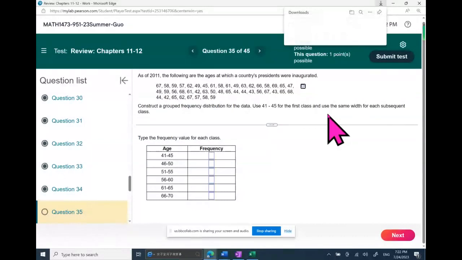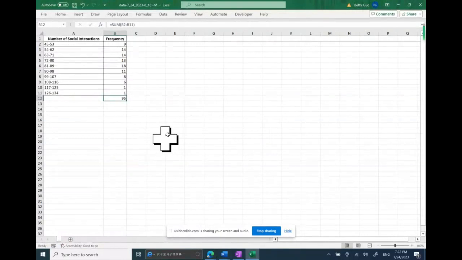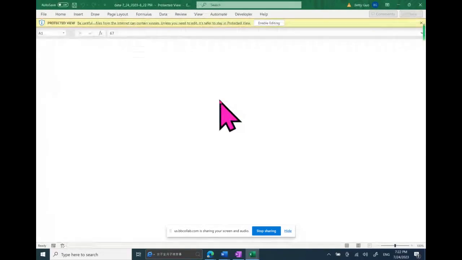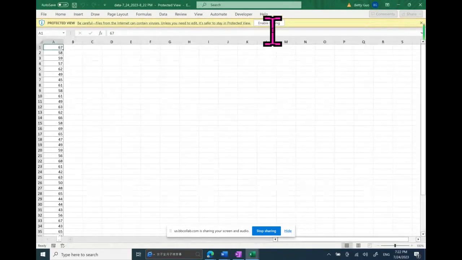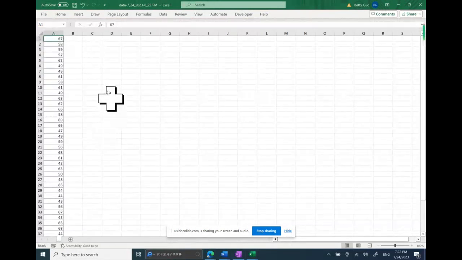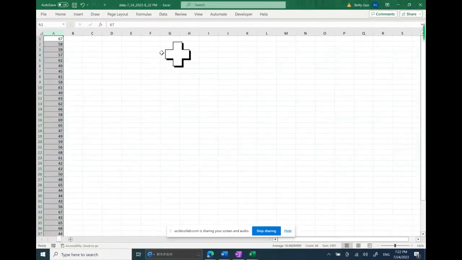When you open a file, you have the numbers given as a list, right? You see that? And what we do is firstly sort it.